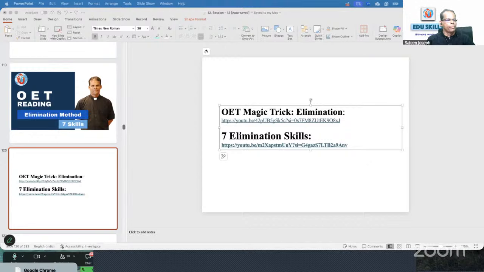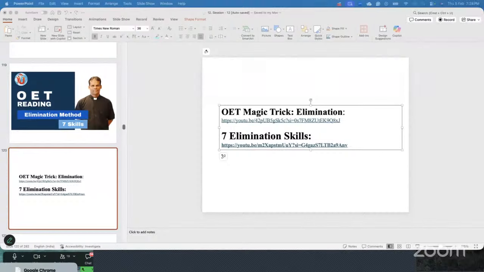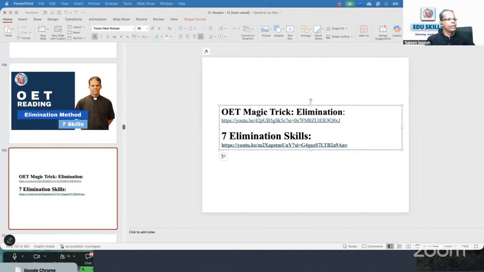Can you see? Yes. Definitely you can eliminate, and verbs and adjectives. Is that visible and audible? No, Father, only that first screen. Okay, one sec.